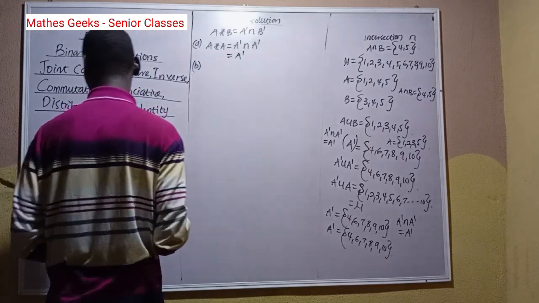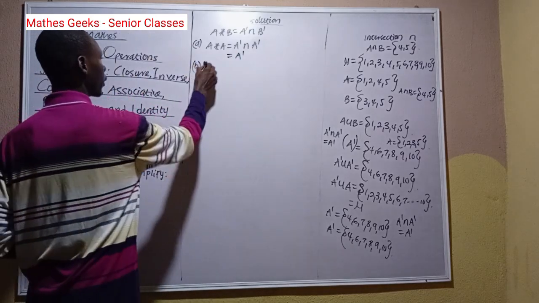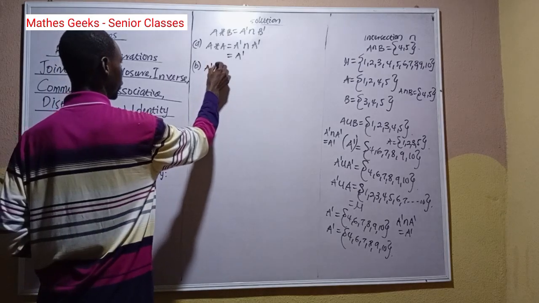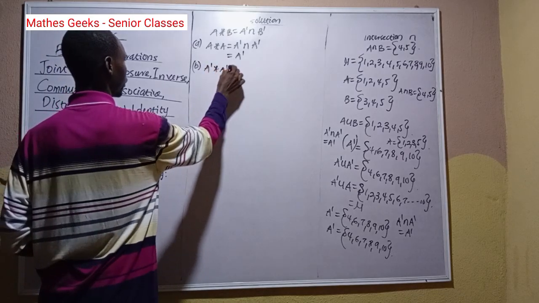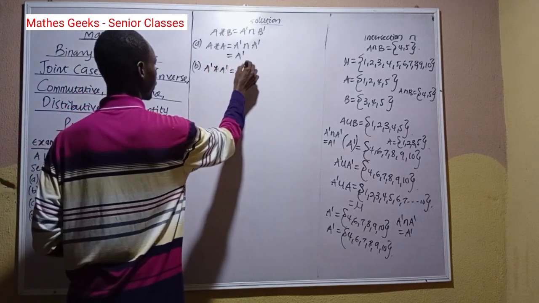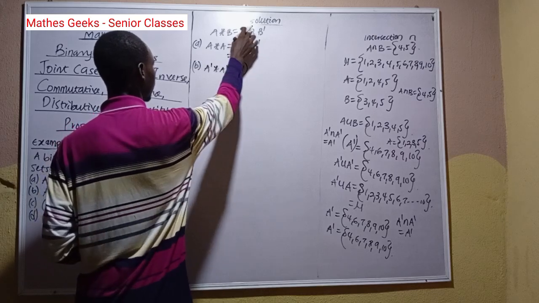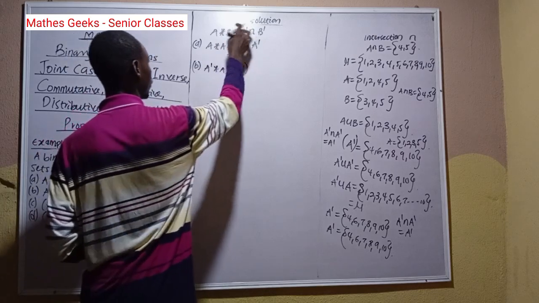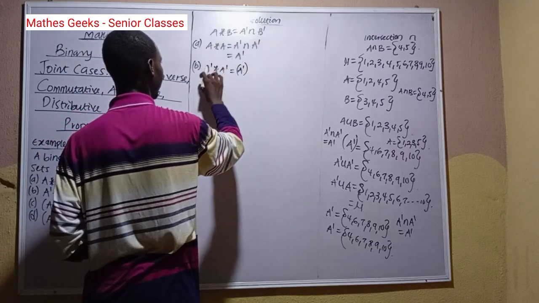Remember here, from our rule of combination, A star A is A complement, but here we have A complement already.